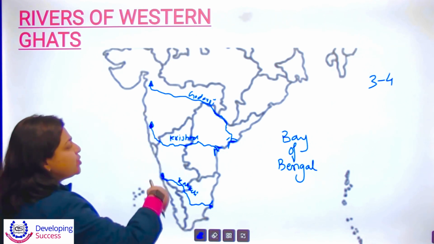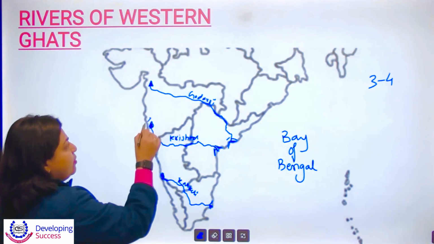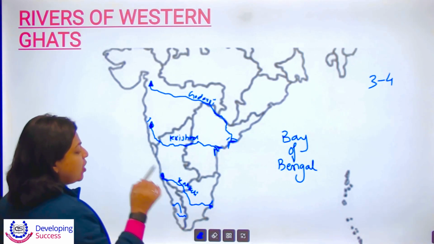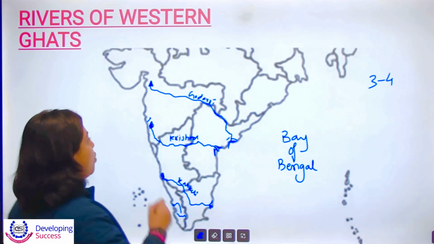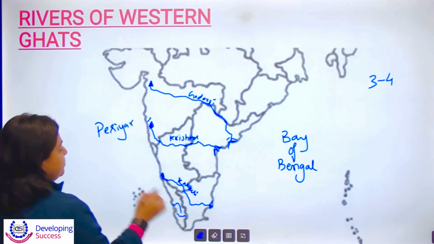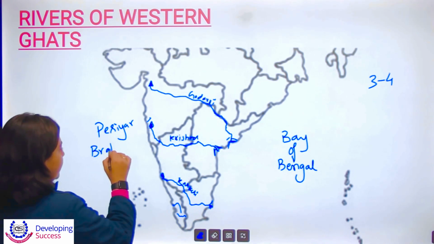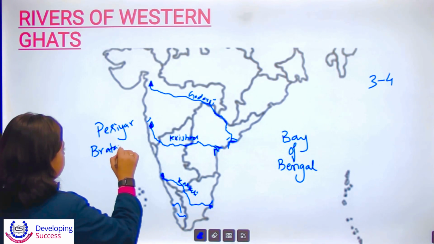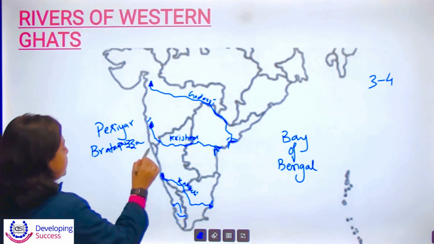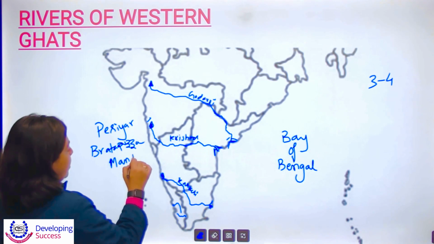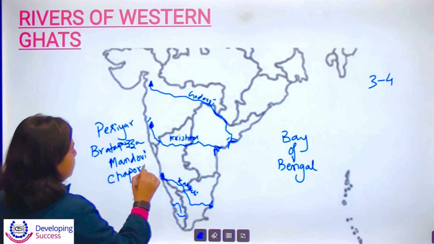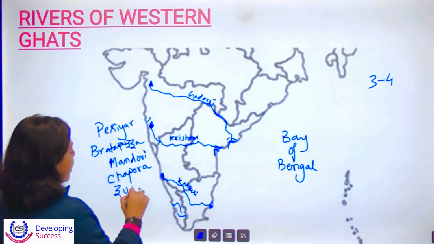There are some west flowing rivers also, like the Mithi river in Mumbai, we have Periyar river in Kerala, we have Bharatapuzha also in Tamil Nadu and Kerala. So Periyar, then we have Bharatapuzha, and also we have some rivers in Goa, that is Mandovi, we have Chapora, and we have Zuari.